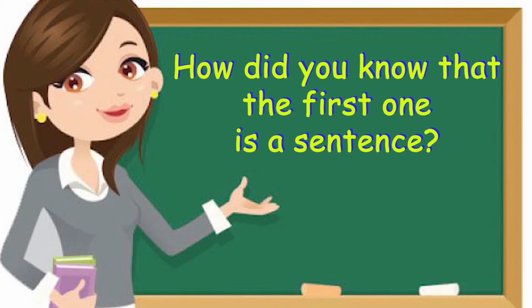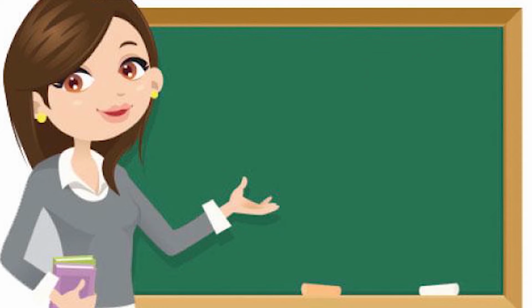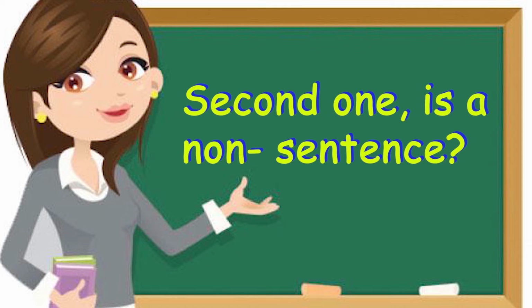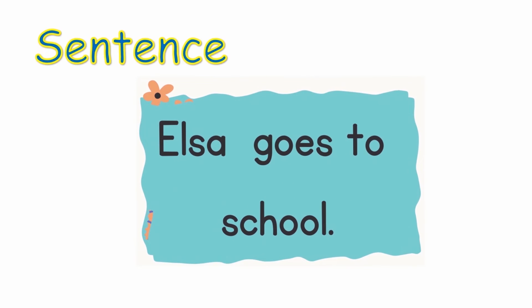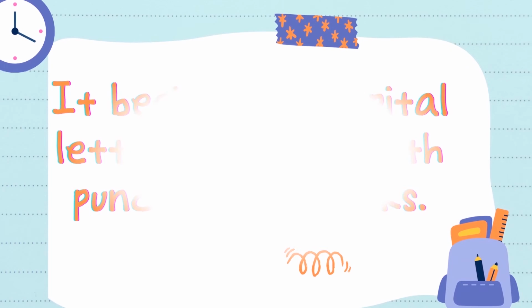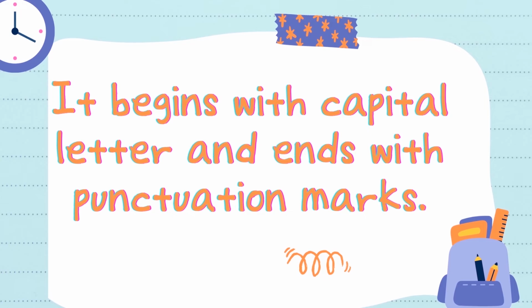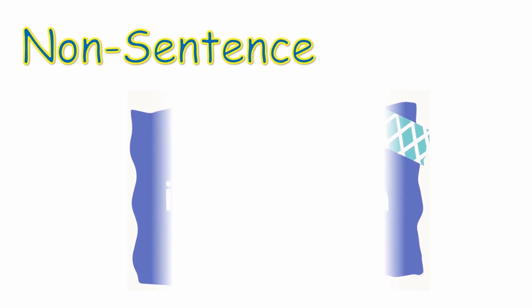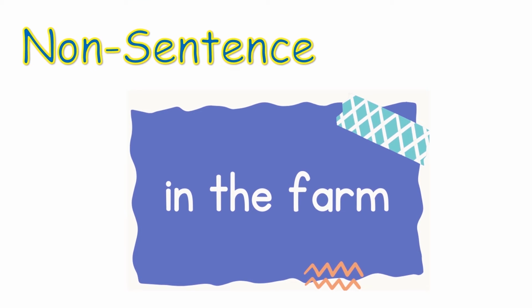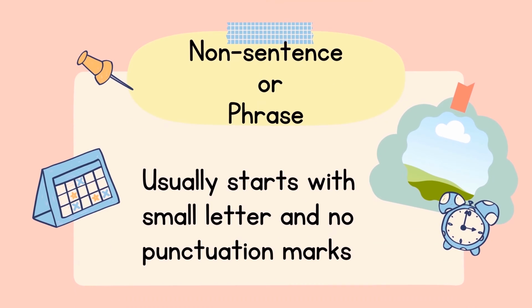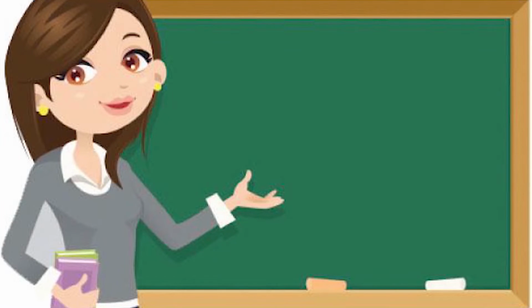But how did you know that the first one is a sentence and the second one is a non-sentence? Elsa goes to school is a sentence. It starts with a big letter and ends with a period. In the farm is a non-sentence or phrase. It does not start with a big letter and has no punctuation mark.